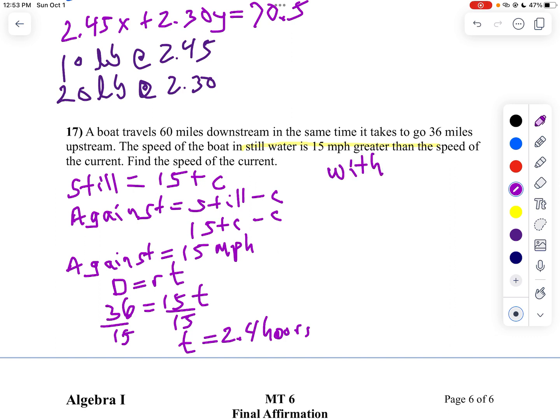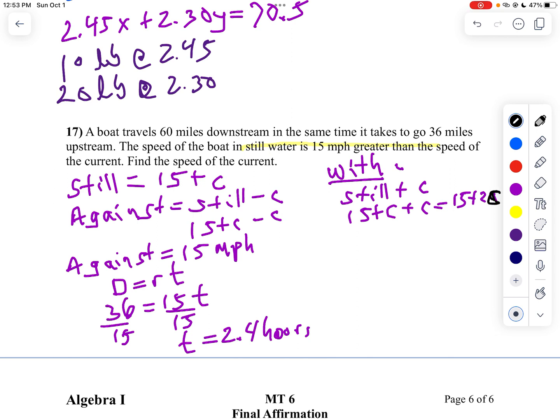Now my speed with the current is going to be the speed in still water plus the current, or 15 plus C, which will be 15 plus 2C.